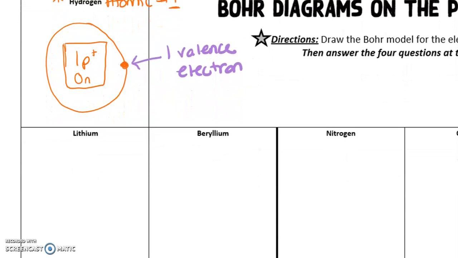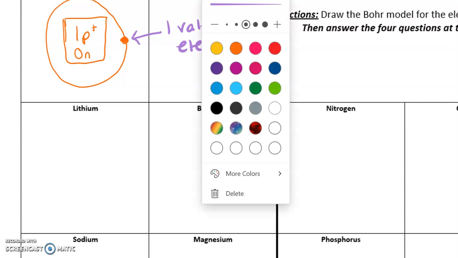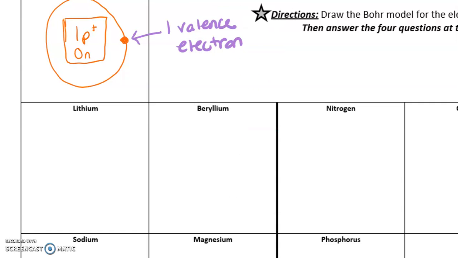Last example I'm going to do with you, let's do nitrogen together. I'll use purple for this one. Mix up our colors here for fun. So our Bohr model for nitrogen: first of all, we have to look at its atomic number. Nitrogen has an atomic number of 7 when I look at my periodic table, which means I have 7 protons, and its atomic mass is 14.